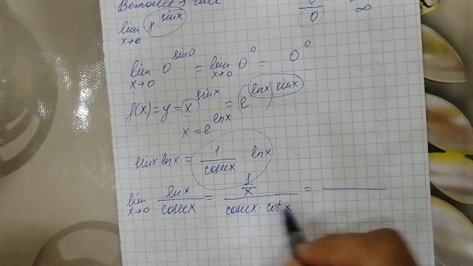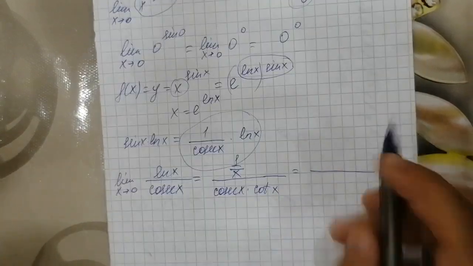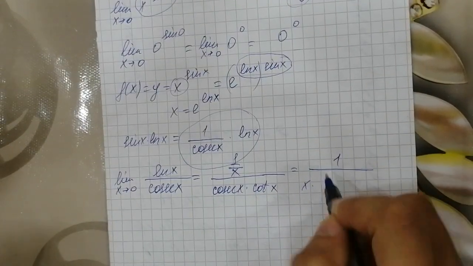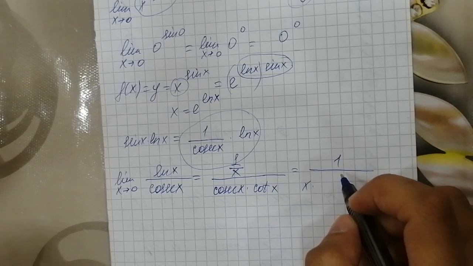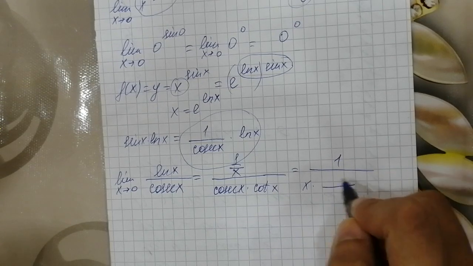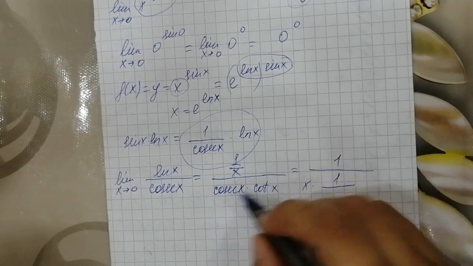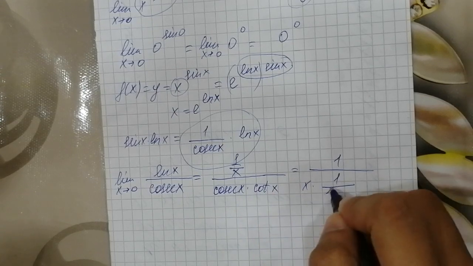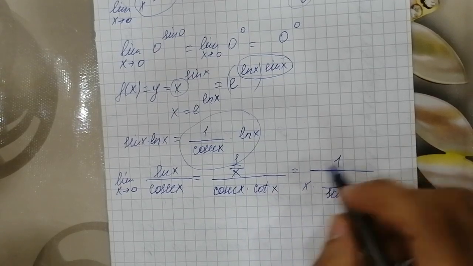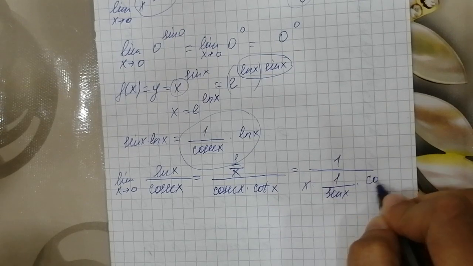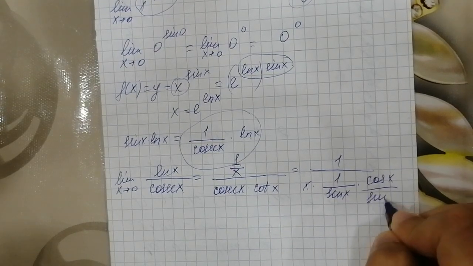This x will be in the denominator, then 1 over x times cosecant x is equal to 1 over sine x times cotangent x is equal to cosine x over sine x.